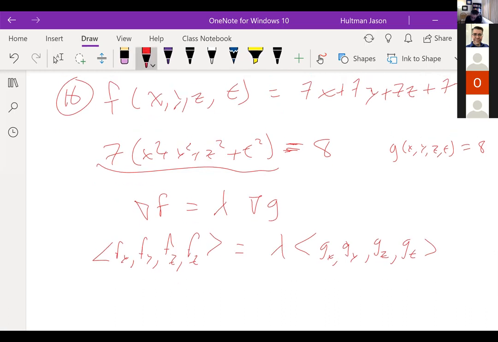What's f sub x? That's just 7, so these are all 7s. What's g sub x? That's going to be 7 times 2x, which is just 14x.